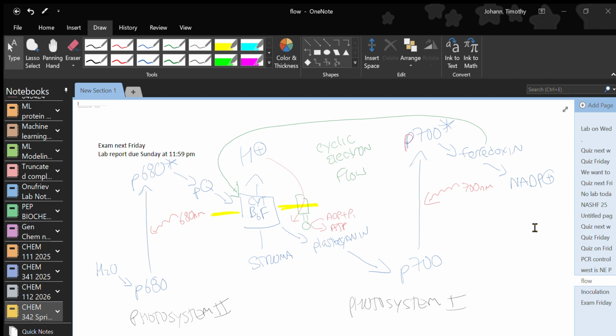They go back down to lower energy, pump them up, high energy, lower energy. And every time they run through this b6f complex, you pump protons across the membrane.